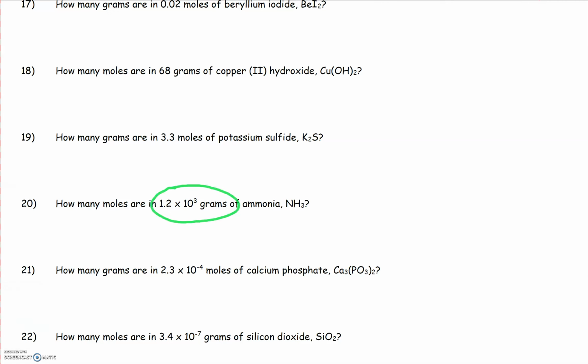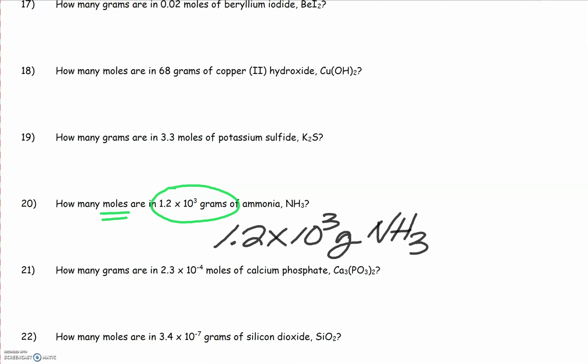I'm starting with grams, and it looks like we're going to go to moles. So we're always going to write down the number and the unit first. So we have 1.2 times 10 to the third grams of our ammonia, which is NH3. So again, conversion factor, go ahead and draw that out.